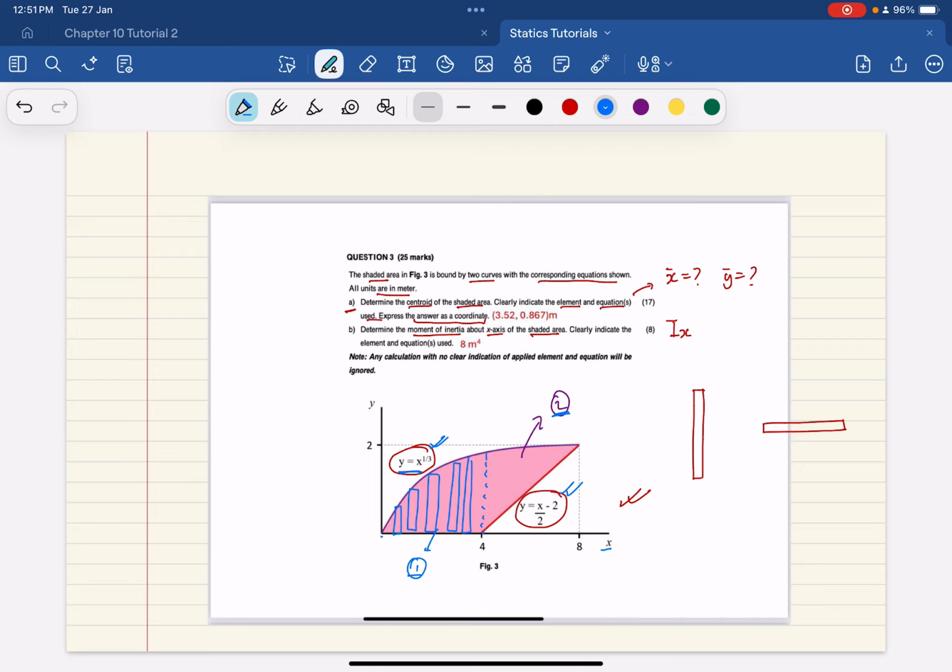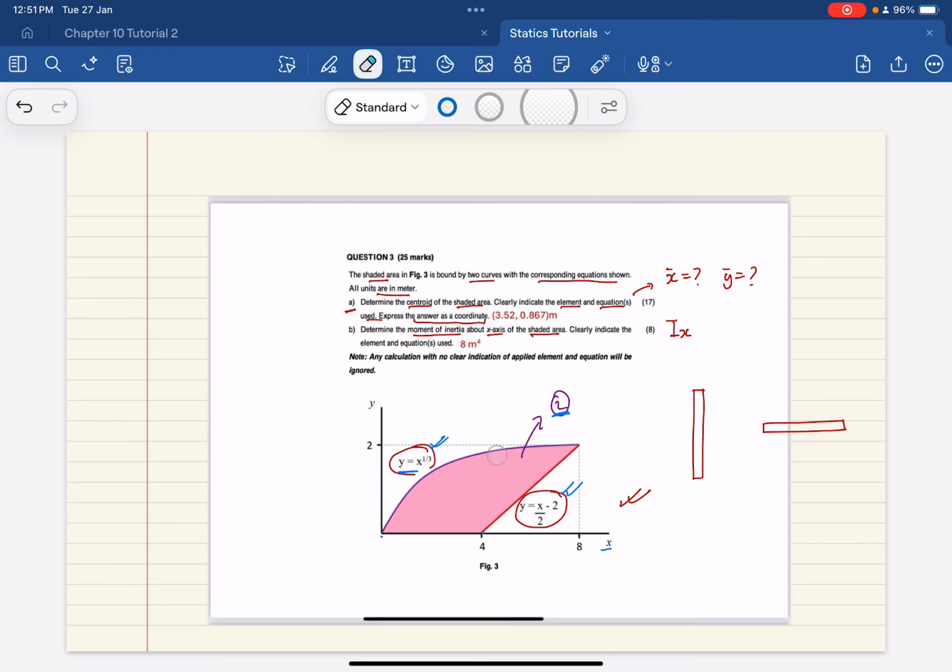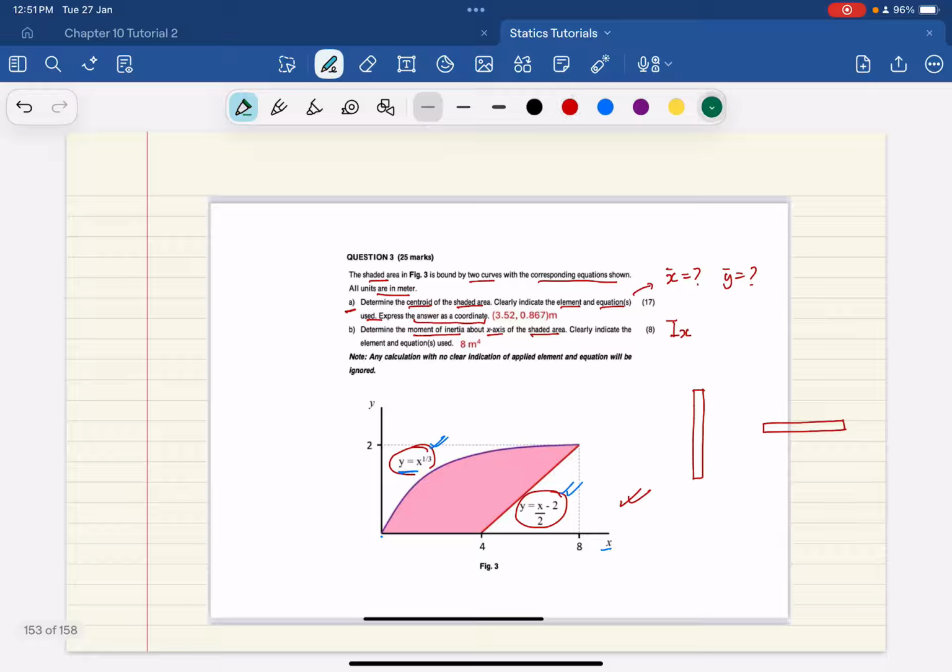Whereas if you were to do the horizontal element, let me erase and show it to you guys. It would be something like this. Your horizontal element will look something like this. That means that you're integrating with respect to dy, right? Vertical is dx. And for the horizontal element, the reason why it's actually better is because your length here is only bounded by these two curves.